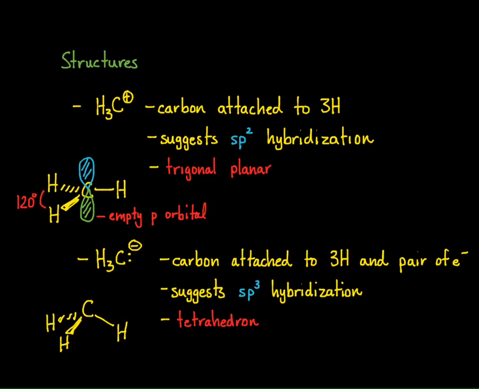Well, carbon has a bond to the 3 hydrogens, one in the plane, one coming out at me, but all of them kind of pointing down a little bit, and then one going behind me, and then it has another sp3 orbital that has a pair of electrons in it. And the bond angle of a hydrogen-carbon-hydrogen bond is 107.5, so it's less than that of a normal tetrahedral, because the lone pair of electrons are taking up more space than the bonding electrons.